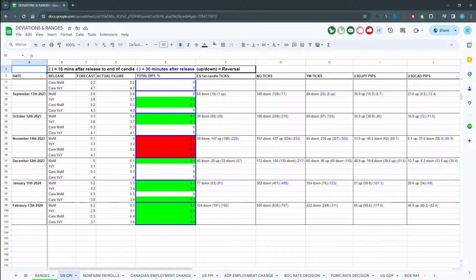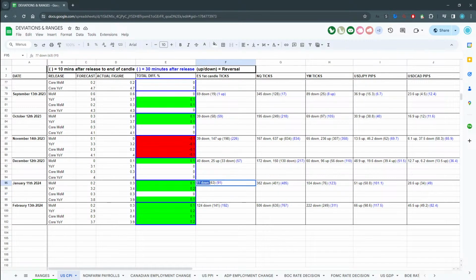This shows you how the markets react to economic releases, depending on the size of the deviation and also what the release is that is being covered. So you can see here, even when there was no deviation, that it represents how big the movement was.